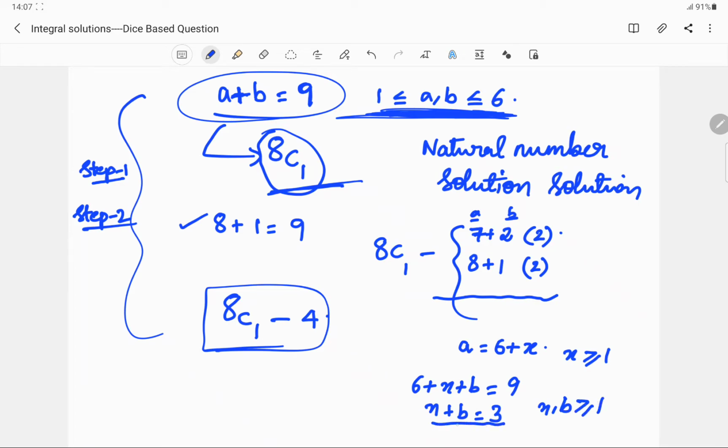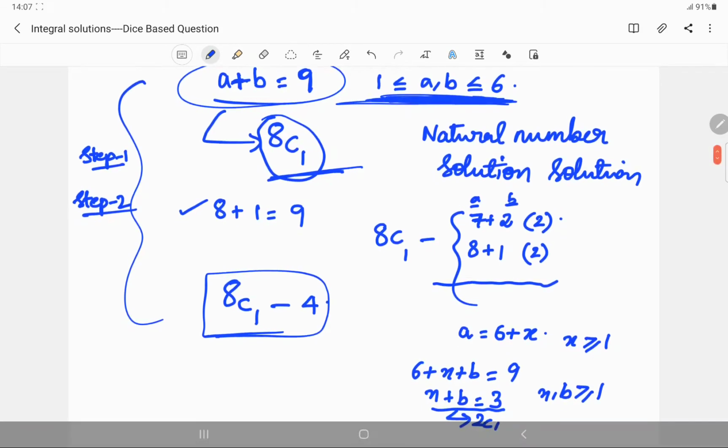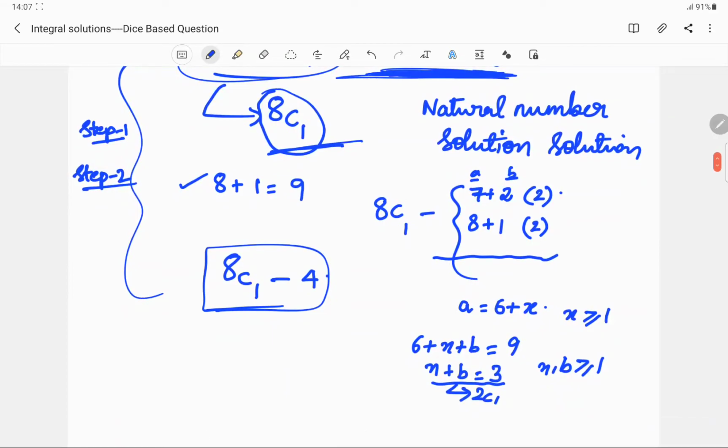So the solution would be, there will be two gaps, and I'll select one out of two gaps. It will be 2C1. Now we have done this for when a was more than 6. Similarly b can also be more than 6. So whatever we get, 2C1 when a was more than 6, we need to multiply it with 2, because there are two variables, a and b.